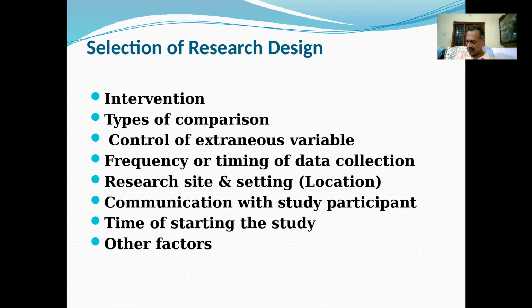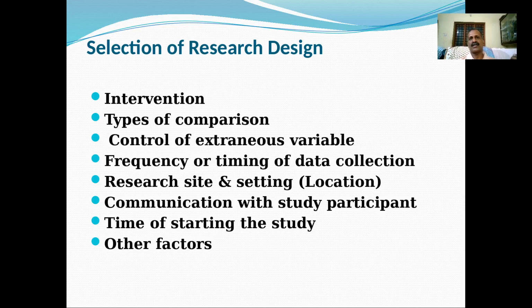So whether we have an intervention in our study or not. Now, intervention is something like we want to test the efficacy of a drug that we found out, or we have developed a mouthwash, and we want to see how effectively this can be used in giving mouth care. So this is an intervention.